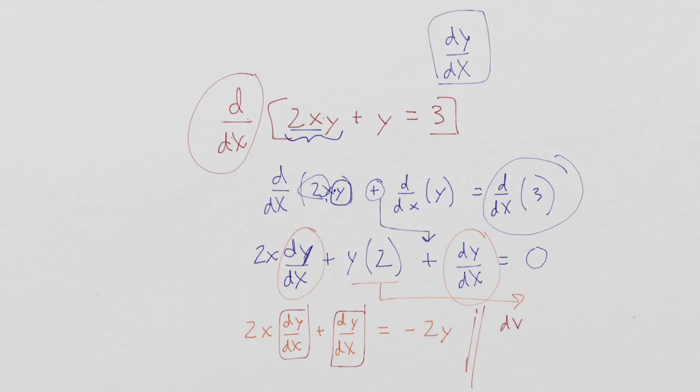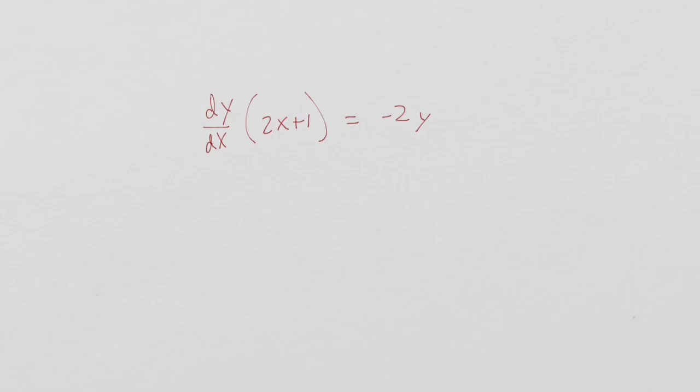And doing so will leave me with 2x plus 1. All right, so to solve for dy over dx, we're going to divide each side by 2x plus 1, and we are done.